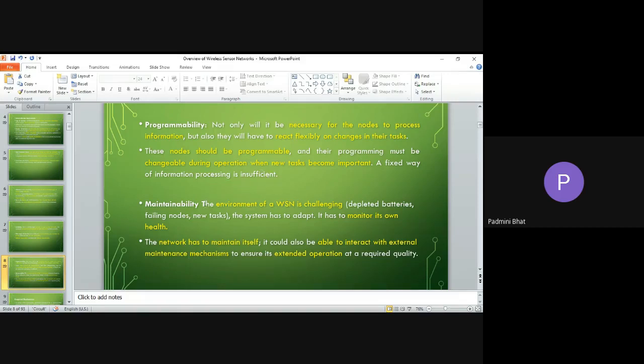Next, maintainability. The environment where a wireless sensor network works is challenging. There are depleted batteries, sometimes node failures, sometimes communication errors. So the system has to adapt to these changes. Along with that, it has to monitor the health of the entity, that is the node.